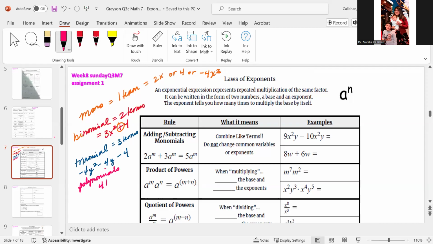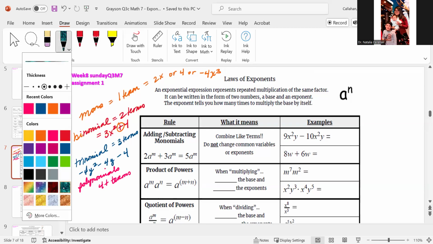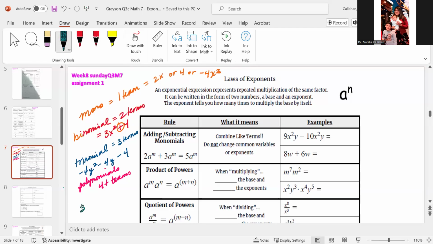Okay, so that's 4 or more terms. An example of that could be 3m cubed minus 2m squared plus 4m minus 5. Does that make sense? Okay.